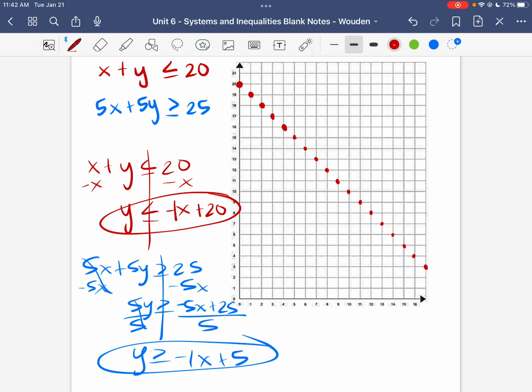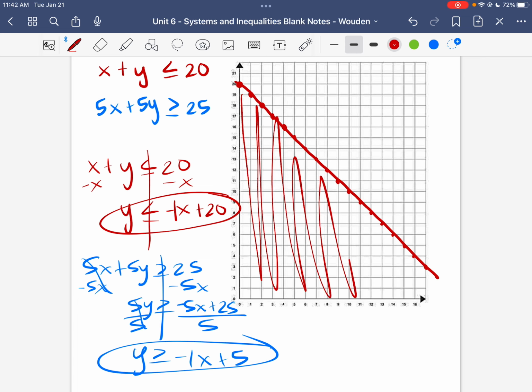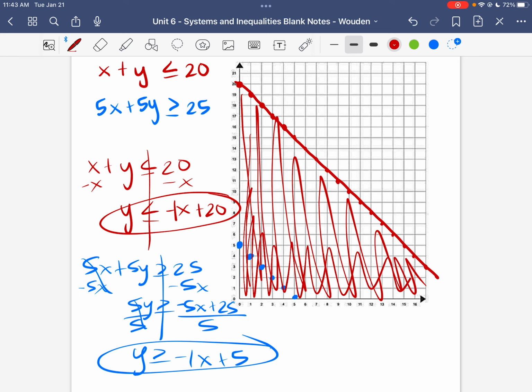Now, it is less than or equal to, so I know it's a solid line. And it's everything below my line because it's less than. Okay, now my blue one, I'm going to go to 5. That's my y-intercept. I'm going to go down 1 to the right one, down 1 to the right one because it's my slope. Okay, I got to finish drawing my red actually because all of this is red, everything below.